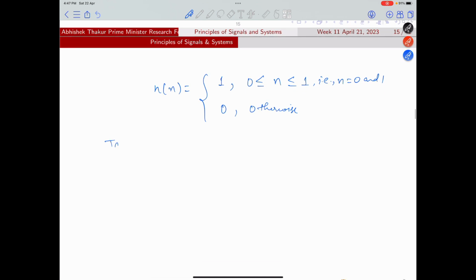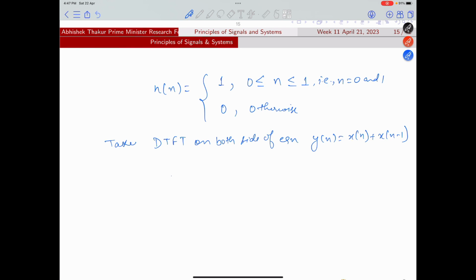Now take DTFT on both sides of the equation y of n is equal to x of n plus x of n minus 1.